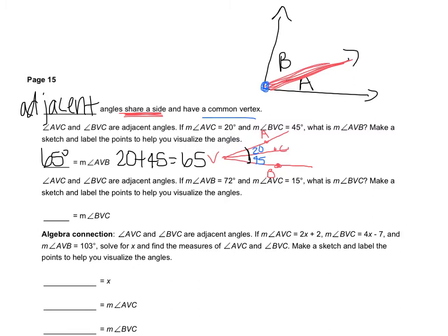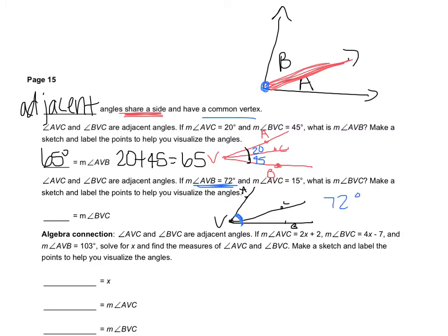Giving us another one, they say AVC and BVC are adjacent angles. So again, I'm going to draw this picture here. So here's A, here's B, here's C, and here's V. V is for the vertex. So they tell us that AVB is 72. This time they've given us the entire thing. The whole thing is 72 degrees.